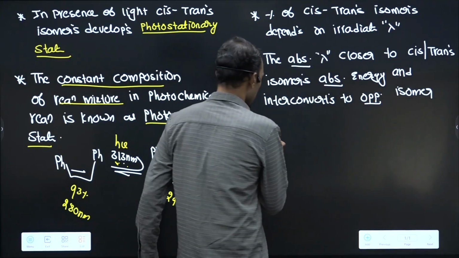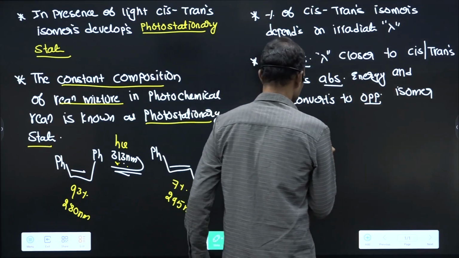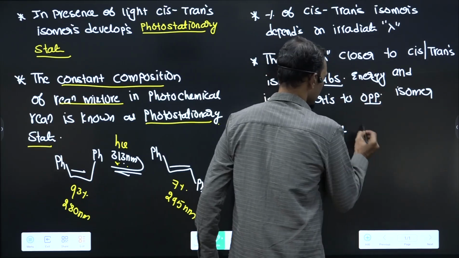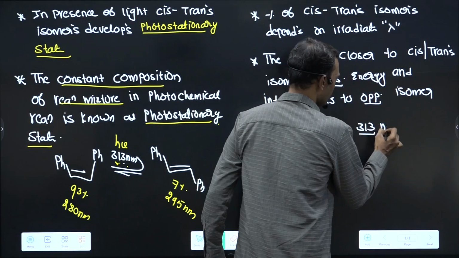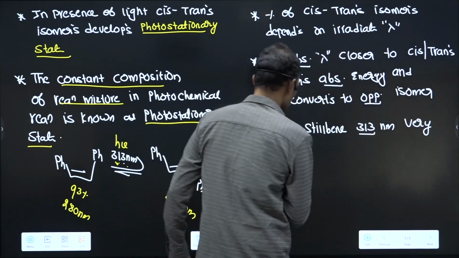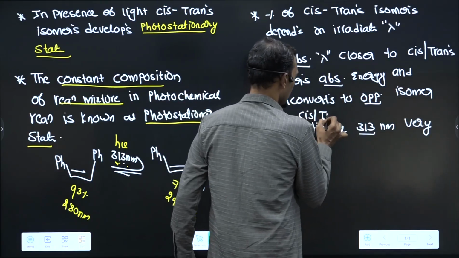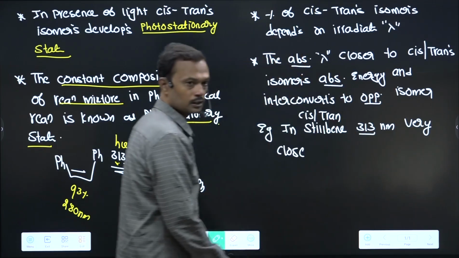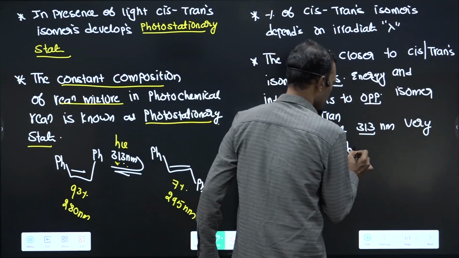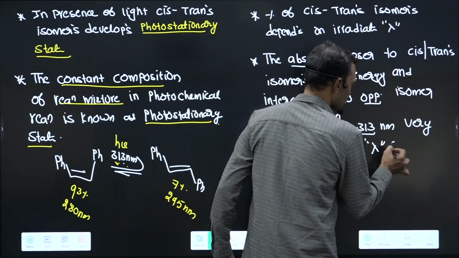So here, for example, in stilbene, 313 nanometers is very close to the absorption lambda of which one?